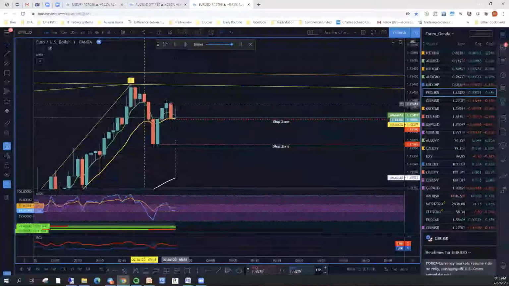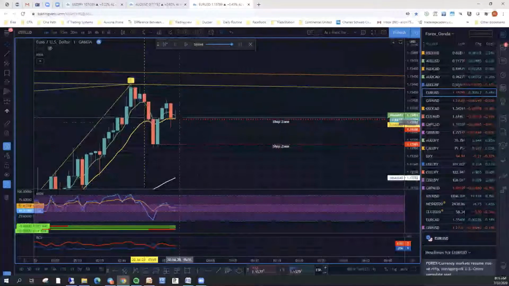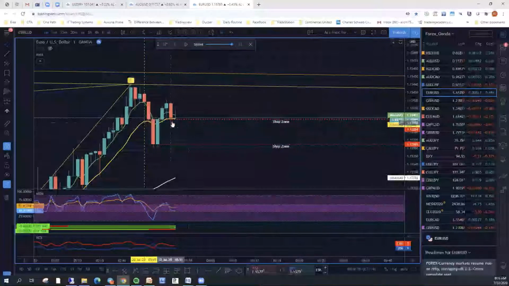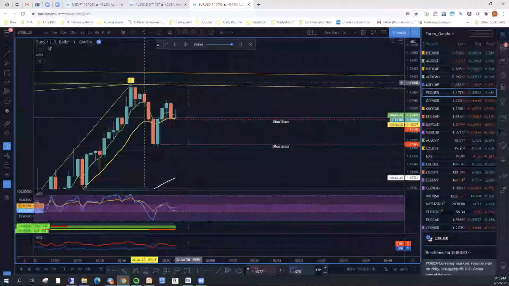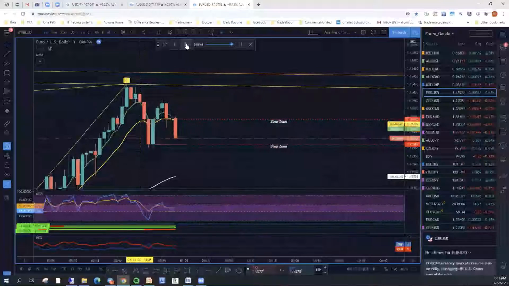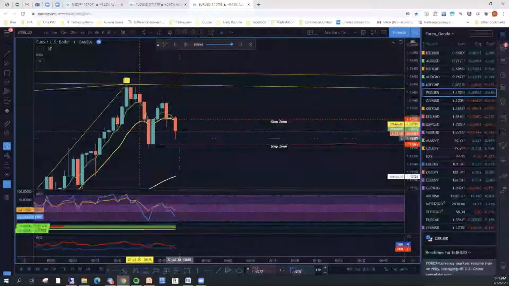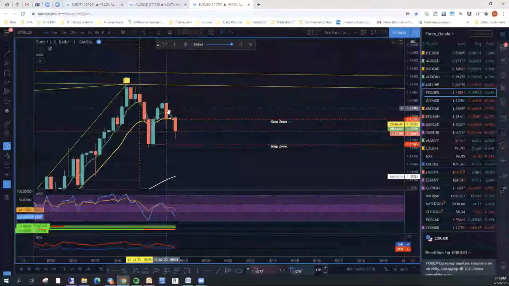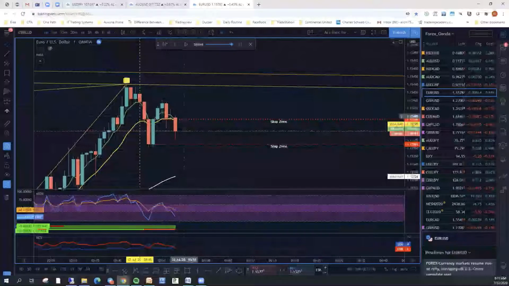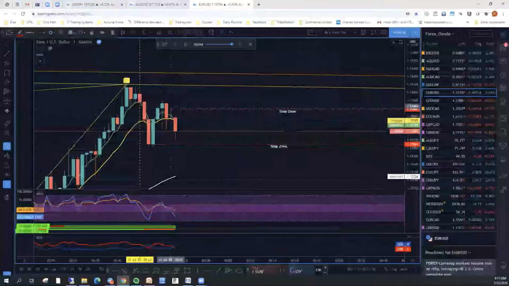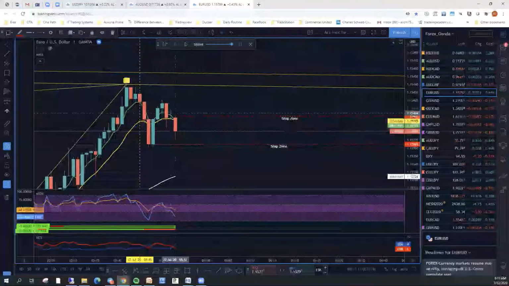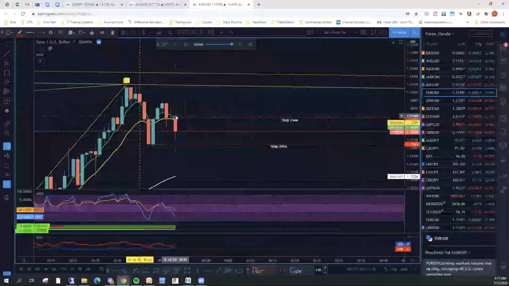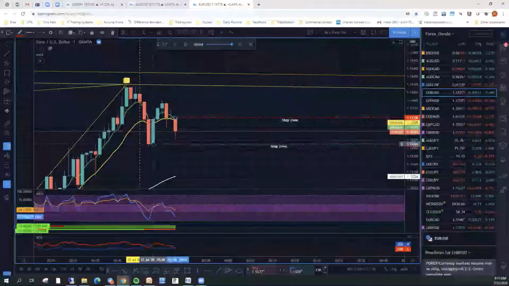Now we have an engulfing candle. We have a red candle. This candle closed inside of this red candle. So we have no direction right now. Came back, it still hasn't broken through the bottom here. But we do now have a lower high and a lower low from here, but still hasn't broken this.